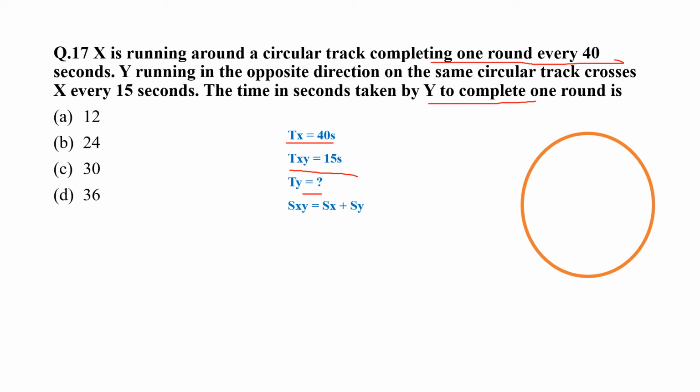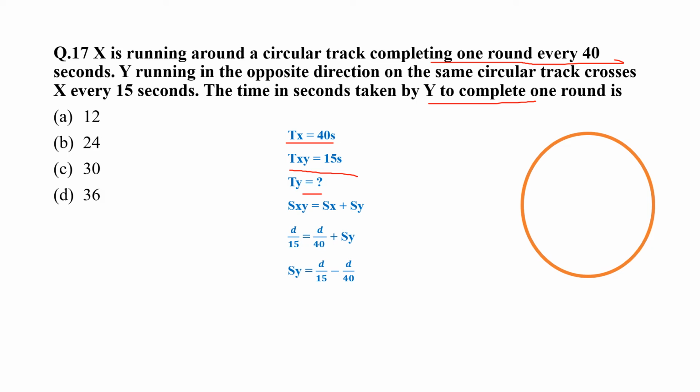From here the equation is Sxy equal to Sx plus Sy. Put in the values, where S is the speed, that is distance upon time. So D upon 15 is equal to D upon 40 plus Sy.